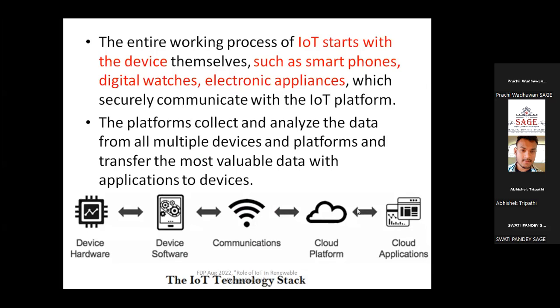IoT platform means we are sending the data from our device through some communication protocol to an IoT platform, where it will be stored, and it can be sent to other devices to set up a connection. This architecture seems very simple, but there are billions of devices connected through this mechanism. That's why it is called the Internet of Things.